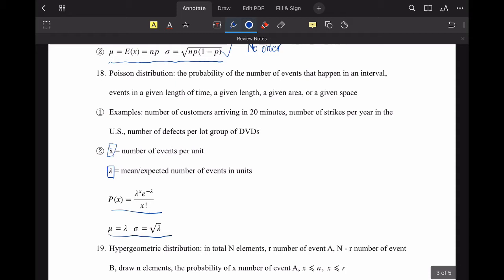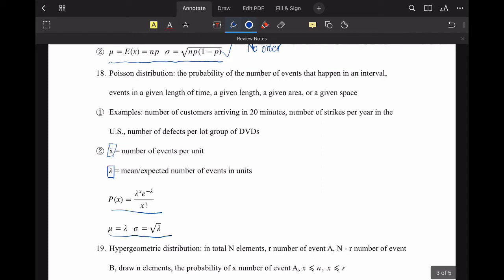The tricky part of Poisson distribution is to know epsilon. You need to know how to find epsilon. Very often in questions they won't give you epsilon directly. You need to calculate epsilon for yourself.